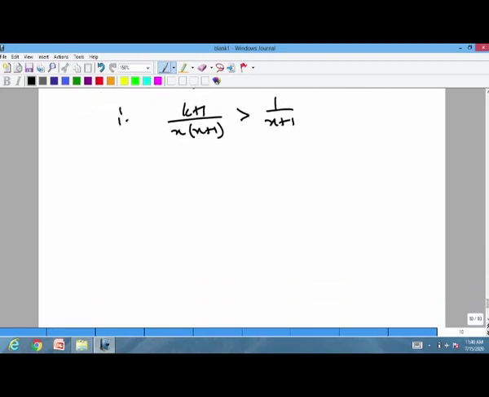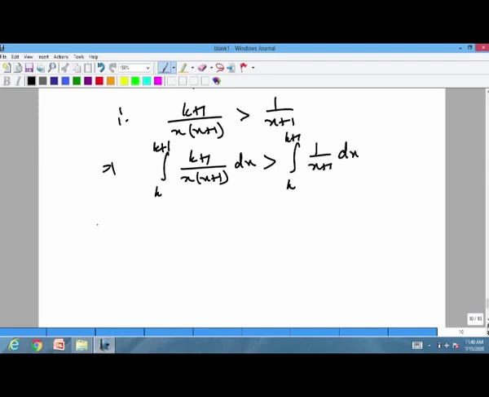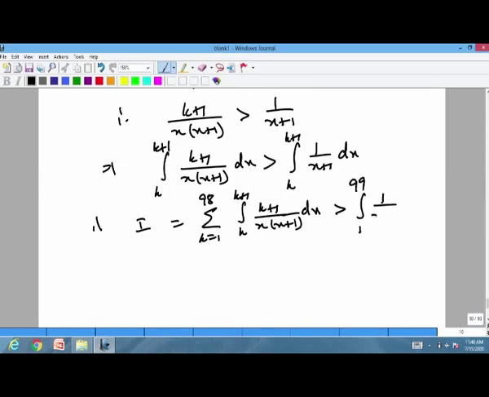And now, if I integrate this, then integral of k to k plus 1, k plus 1 by x times x plus 1 dx, this will be greater than integral of k to k plus 1 of 1 by x plus 1 dx, and therefore, I, which is summation of this, k equal to 1 to 98 of integral k to k plus 1, this is bigger than integral from 1 to 99 of 1 by x plus 1 dx.